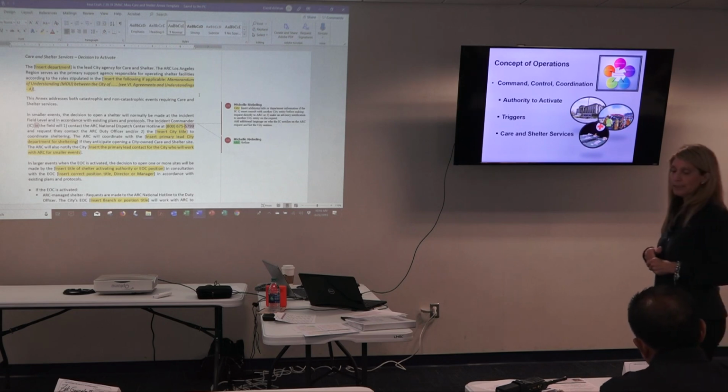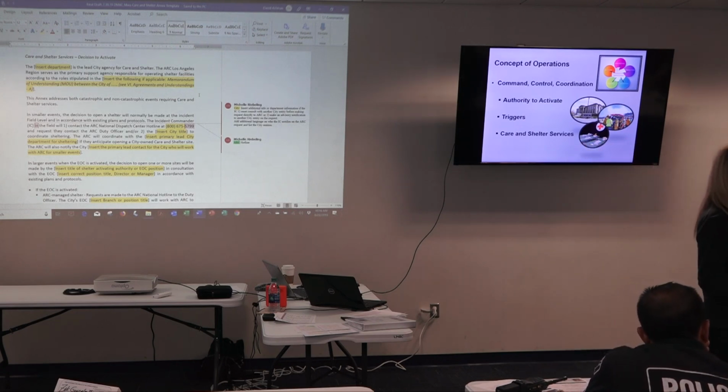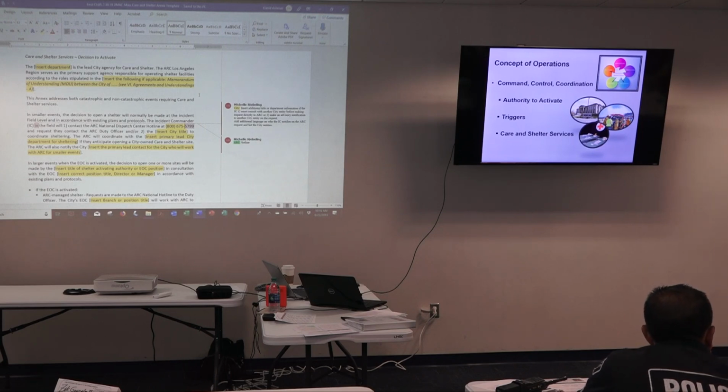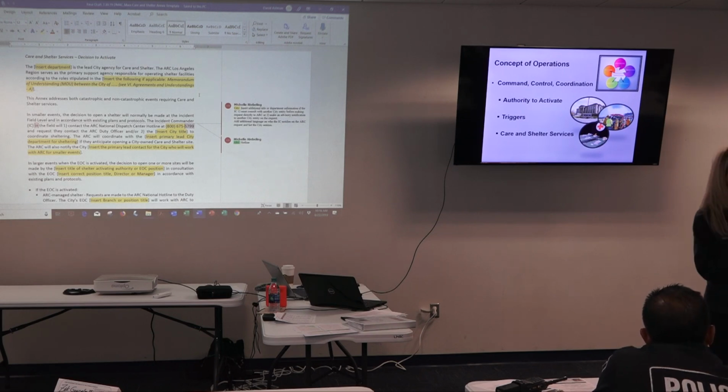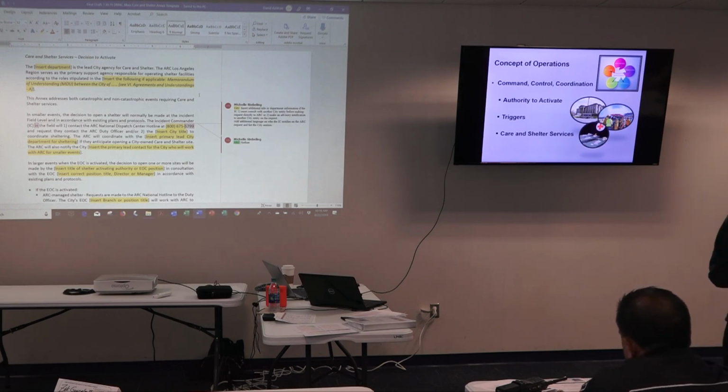The way that it's handled is you call in somebody from a lead department in your jurisdiction to respond to the command post. A lot of jurisdictions don't have that in place, but that would be the most effective application of incident command to really oversee a care and shelter site.